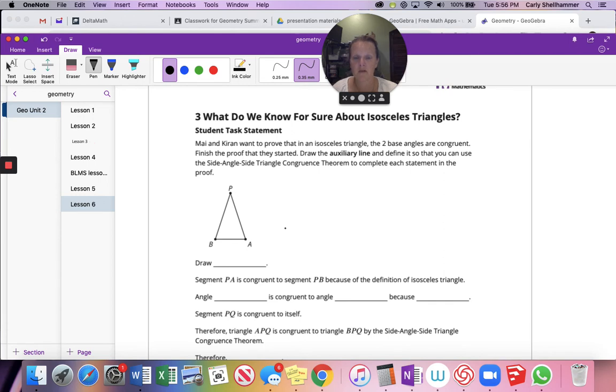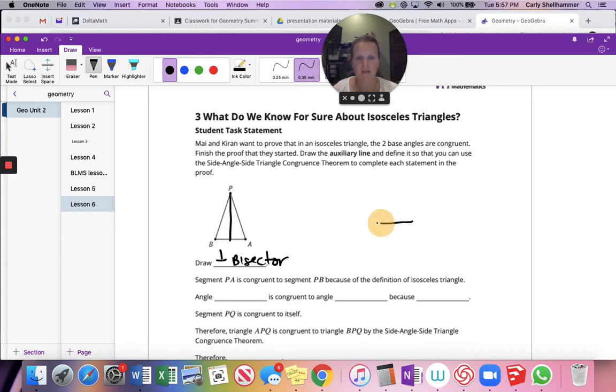So we're going to draw a perpendicular bisector, and we would construct this with our compass and straight edge.